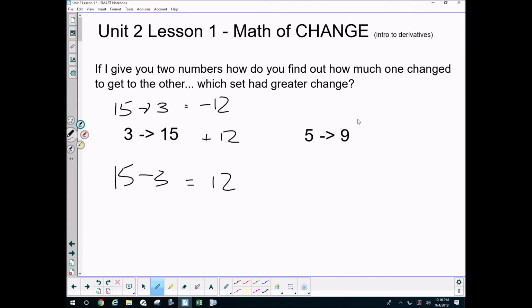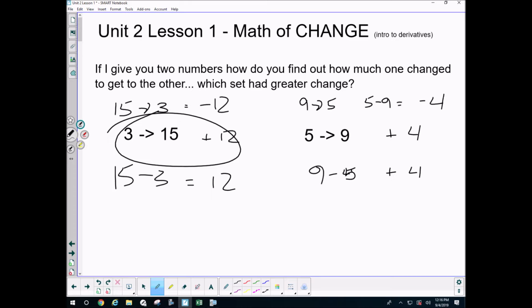From 5 to 9, I added 4. If I went the other way, 9 to 5, 5 minus 9 gives negative 4. From 9 to 5, I went down 4. Got that? Okay, good. We would say that there is more change between 3 and 15 because I added 12 versus adding 4. Okay, great.